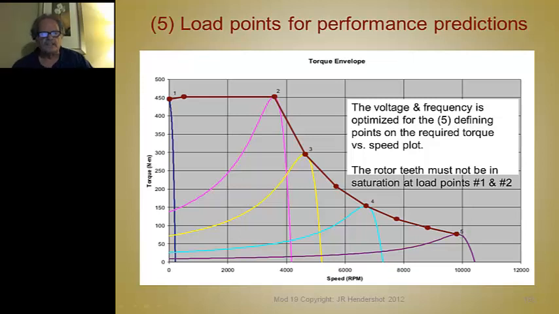Now the only other thing that is done is this is a rated current here. Let's define it as a rated current thermally, so that this is a high current, this is where the peak torque is, and so we might define that as rated torque and rated continuous power.